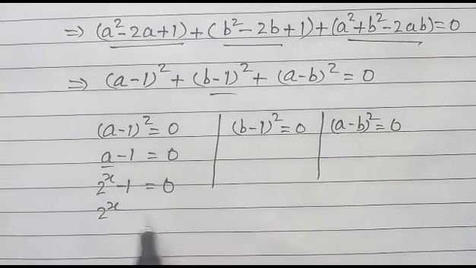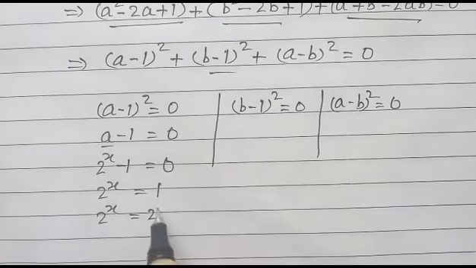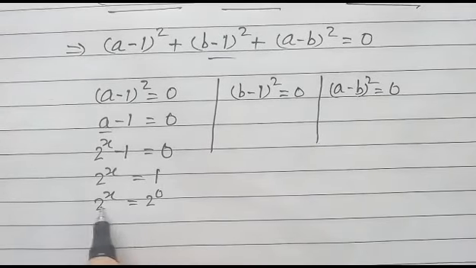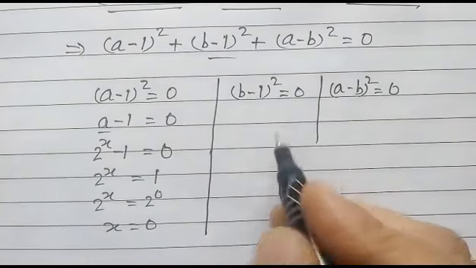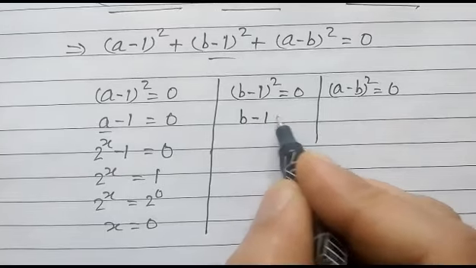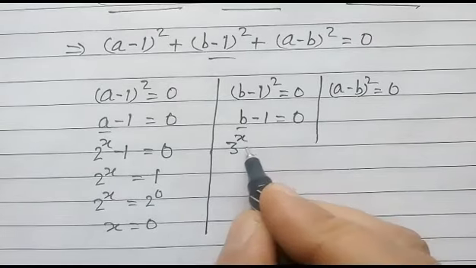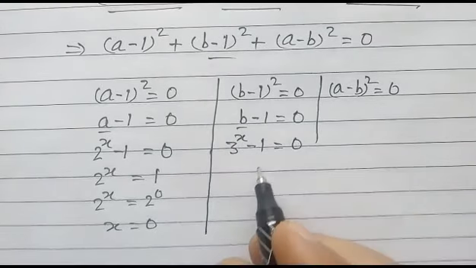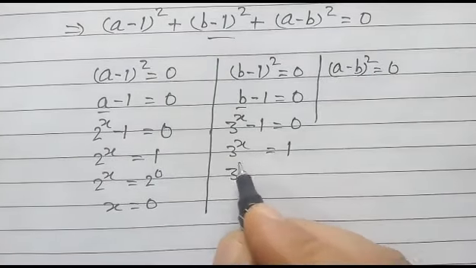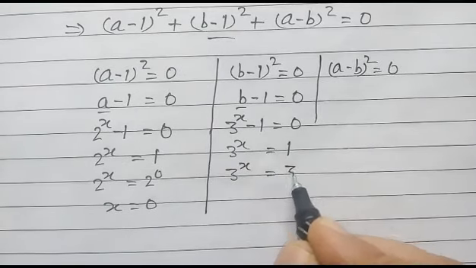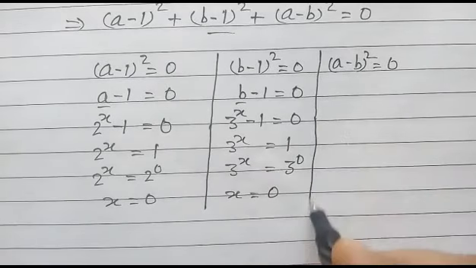So 2^x will be equal to 1, or we can write 2^x = 2^0. So same base, x = 0, right? And here b - 1 will be equal to 0, as we have assumed 3^x - 1 = 0, right? So 3^x = 1, which can be written as 3^0, so x = 0.